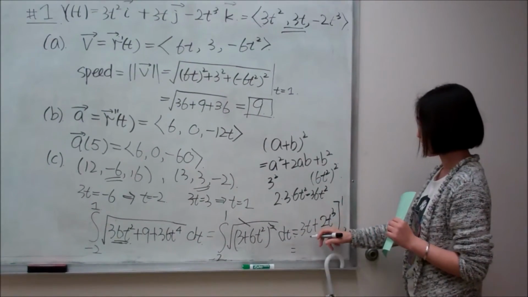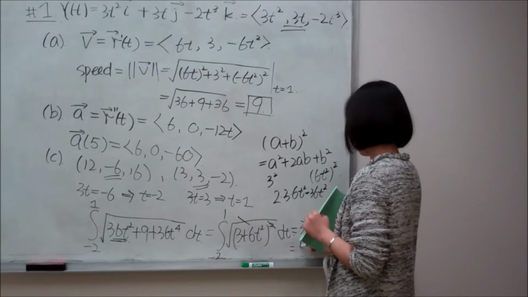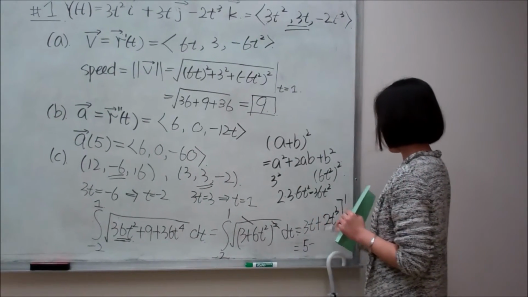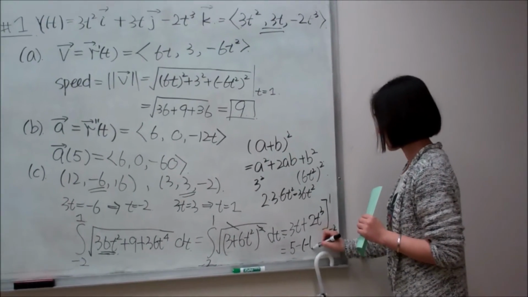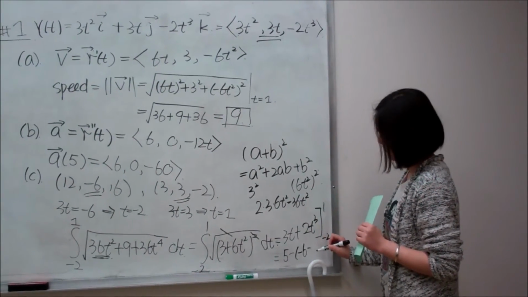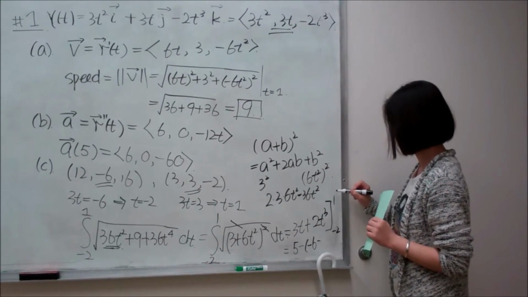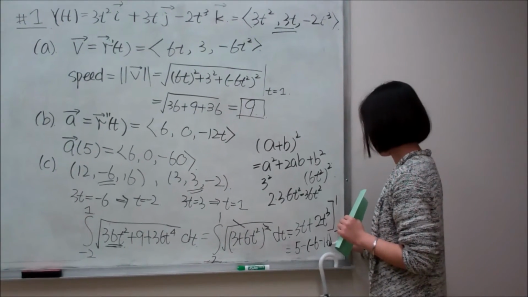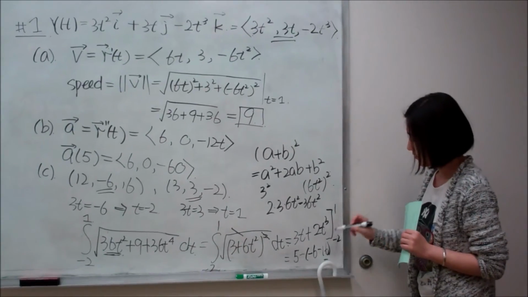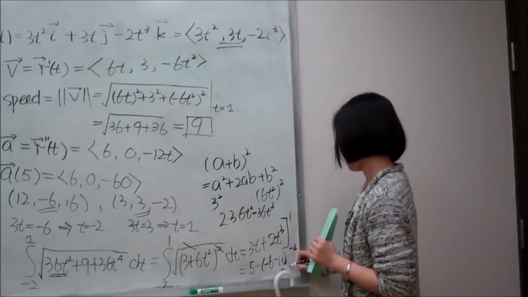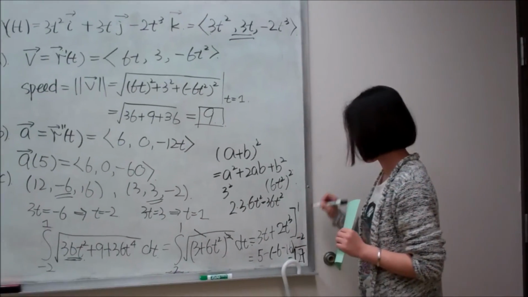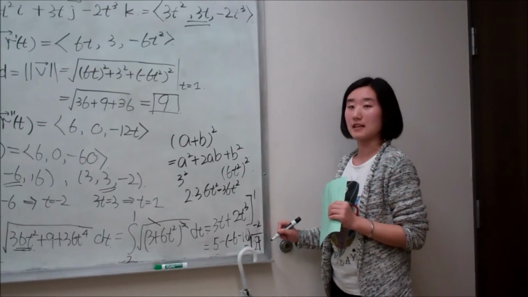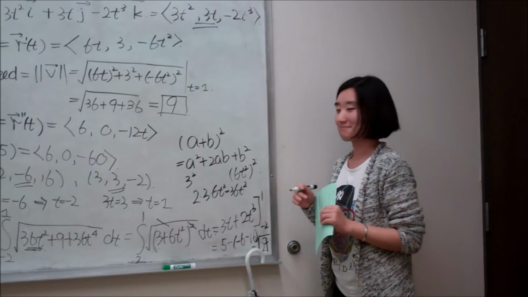So we have 3 plus 2, that is a 5, and then minus negative 6, minus 2, 16. And we're going to have a result of 27 for the length. Okay.